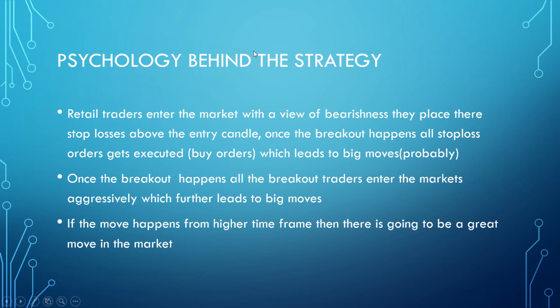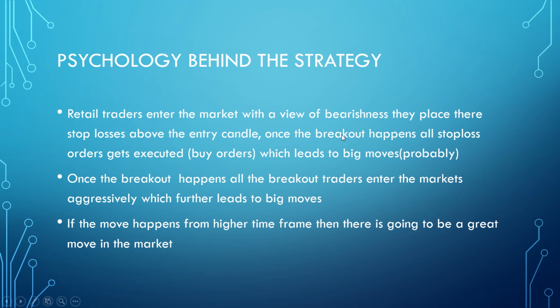The psychology behind the strategy here is that retail traders enter the market with a view of bearishness. They place their stop losses above the entry candle. Once a big red fat candle has formed with bearishness, they think the market is going to be bearish on that day. This could be a trending day. Then they enter the market and put their stop losses above the candle.